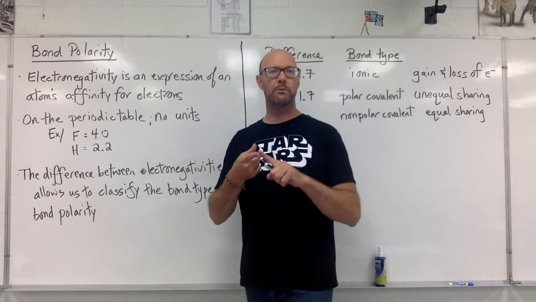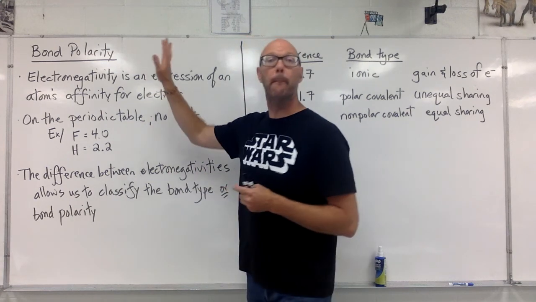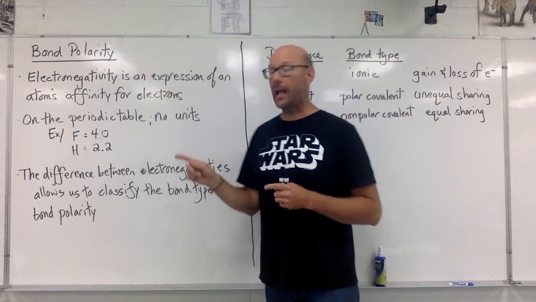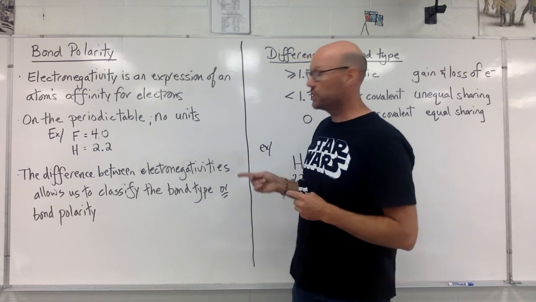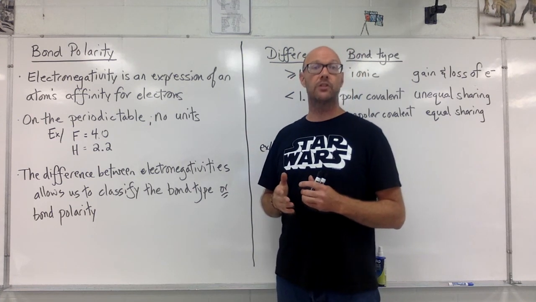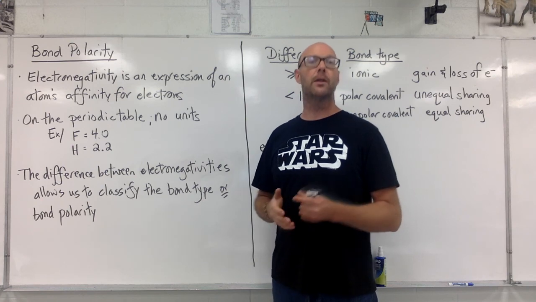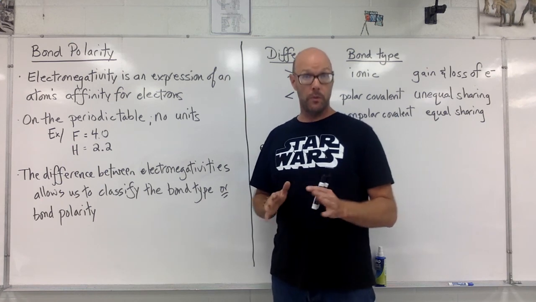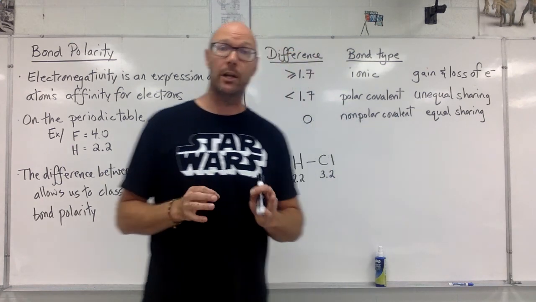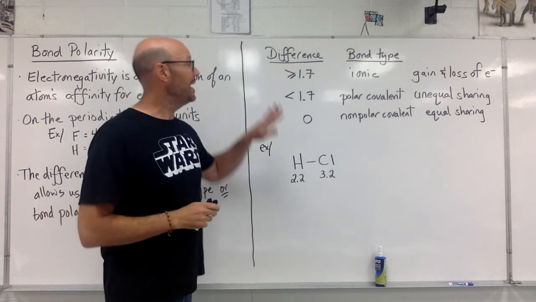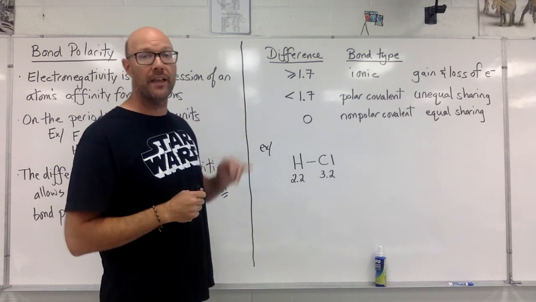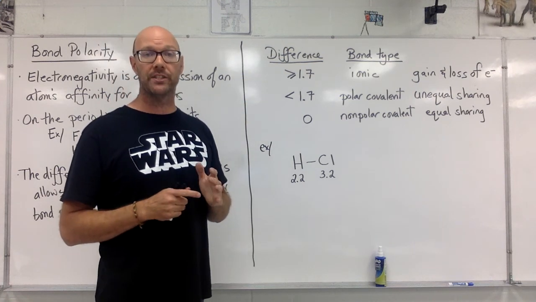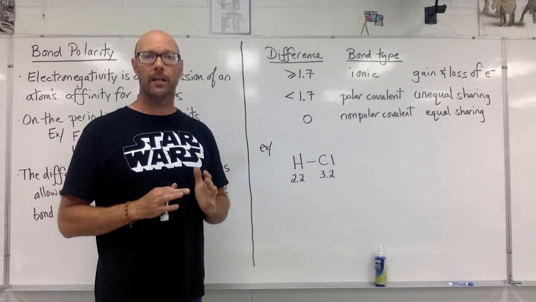When we have two atoms bonded together, because this is bond polarity, if we just do some subtraction, the difference between electronegativities is going to allow us to classify the bond. This introduces a third category of bond for us. If the difference is greater than or equal to 1.7, then we're going to have an ionic bond.